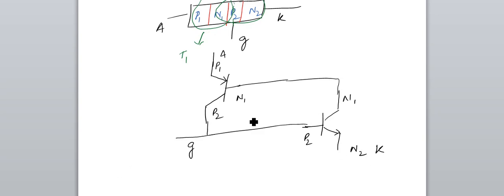Talking about the current perspectives, this is your anode current, this is your gate current, and this is your cathode current.